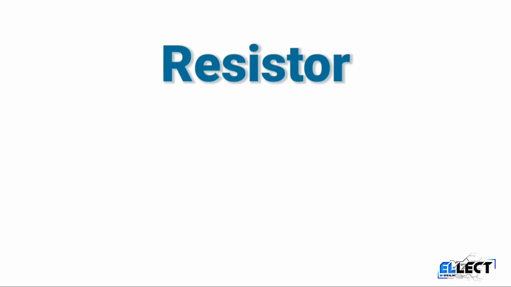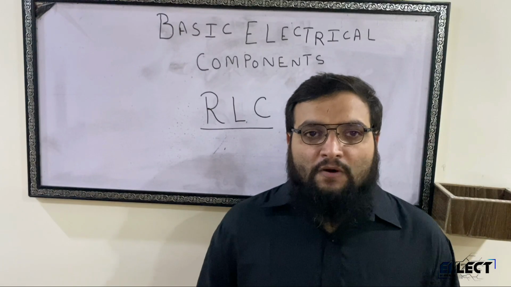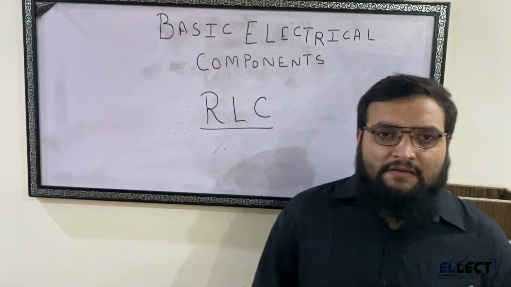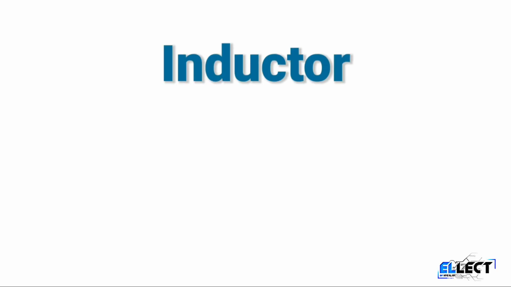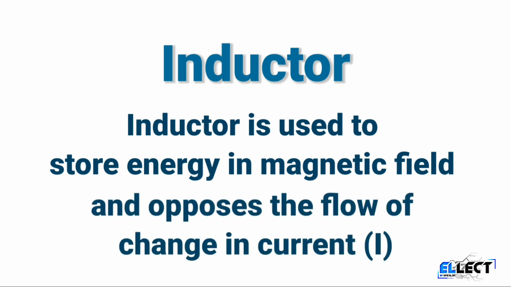A resistor is generally used to oppose the flow of electric current, while an inductor has two properties. One application of an inductor, according to its property, is that it stores energy in a magnetic field, while the second application is to oppose the flow of change in current.